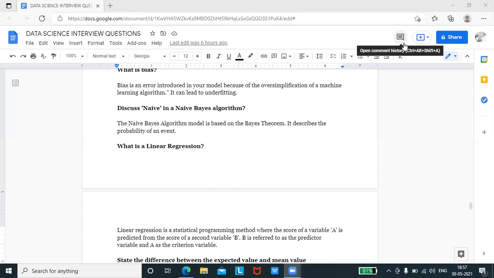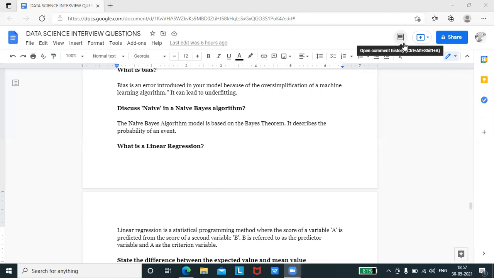Linear regression makes predictions for continuous or numeric variables such as sales, salary, age, product price, etc. It shows a linear relationship between an input and the output variables. Hence, it's called linear regression.